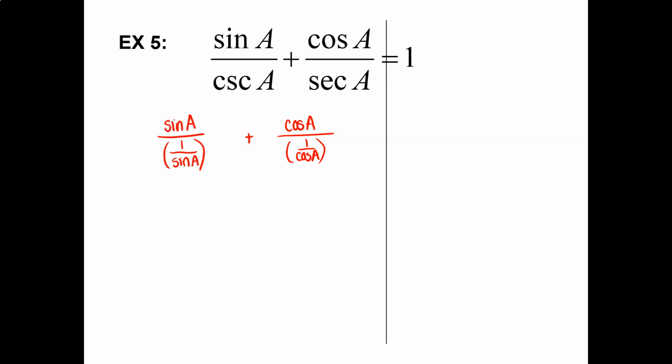You can flip the second and multiply. So this would become sine A times sine A over 1, and here we'd have cosine A times cosine A over 1.